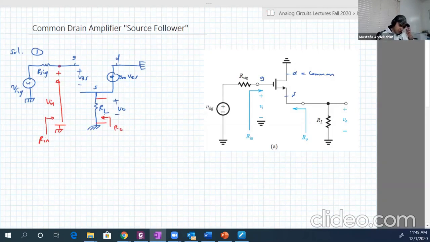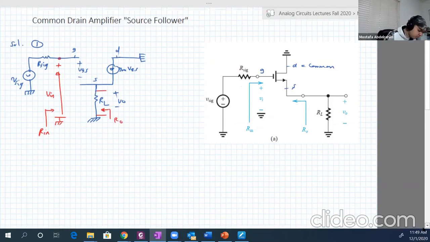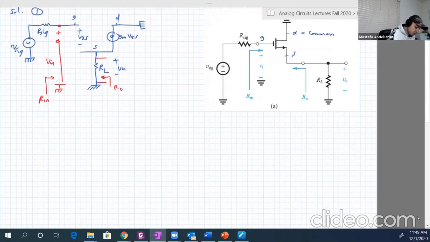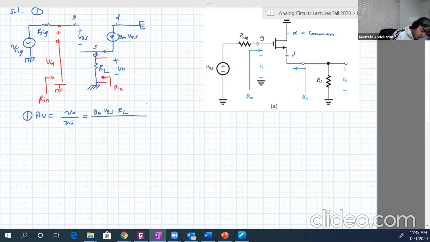Good. So let's do our analysis now. AV, number 1: AV is VO over V input. Okay, VO is equal to the current here multiplied by the resistance RL. The current is gm VGS, because it's open circuit here, so all of it will go to RL. So it is gm VGS RL over V input.